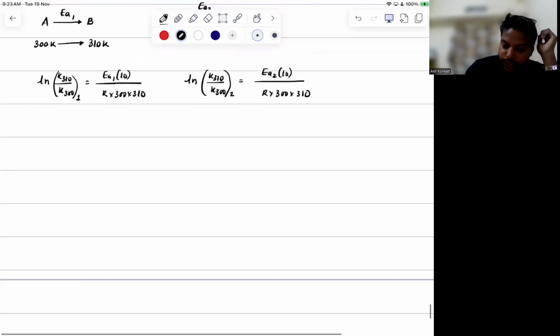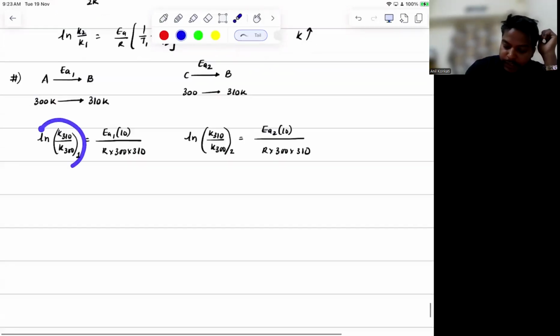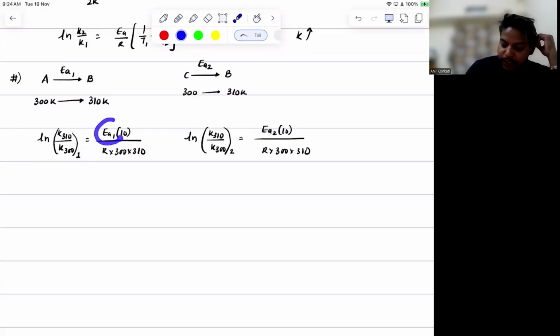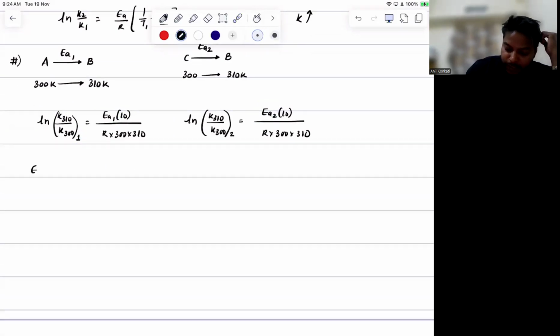Now, suppose this value is greater than this value, which means EA1 is greater than EA2, because the rest of the values are the same. So we can say that if EA1 is greater than EA2, then ln K of 310 by K of 300 for reaction 1 should be greater than ln K of 310 by K of 300 for reaction 2.